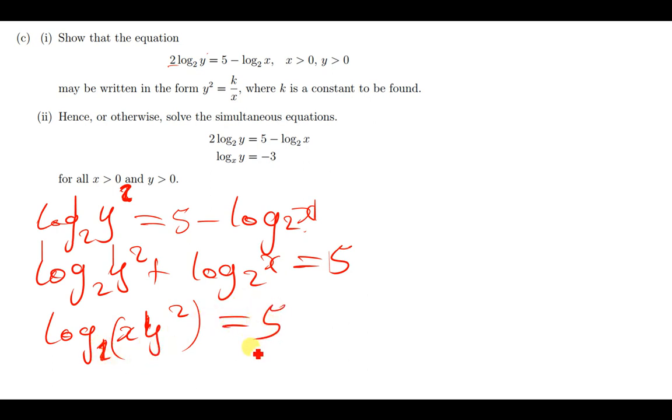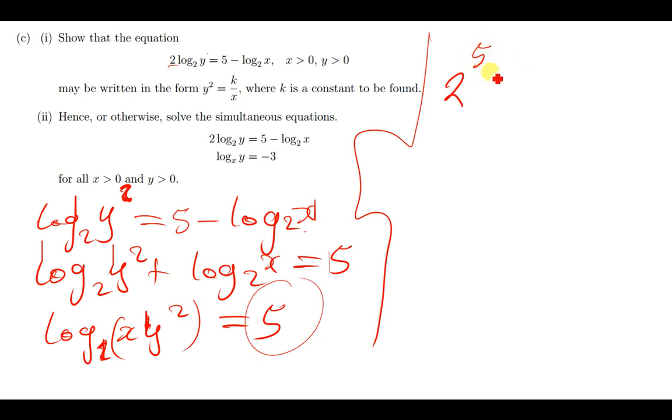is equal to 5. We change this to an exponential, so the base is 2, the power is what is on this side. Then from there we have xy squared on this side, xy squared. Then they want us to make y squared the subject.